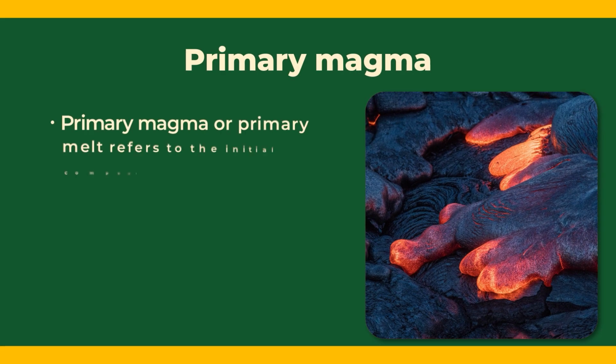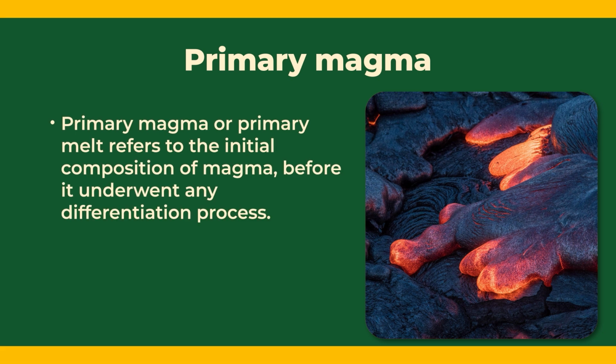But before that, let us know a few terms like primary magma, parental magma, and primitive magma. Now what is primary magma? Primary magma or primary melt refers to the initial composition of the magma before it underwent any differentiation process.